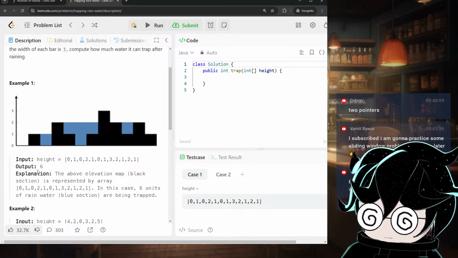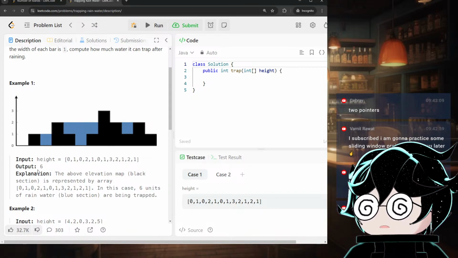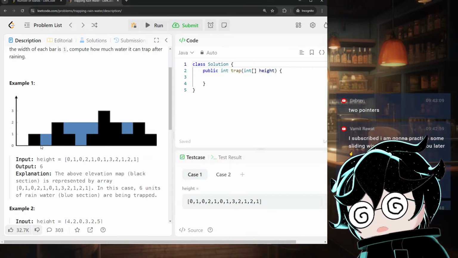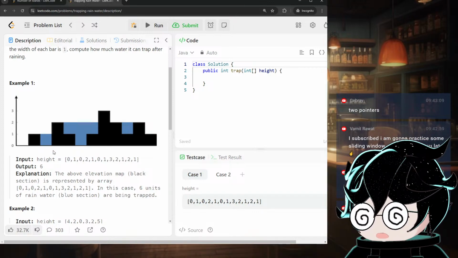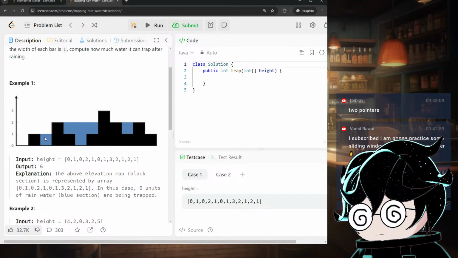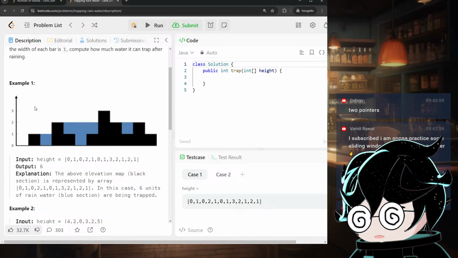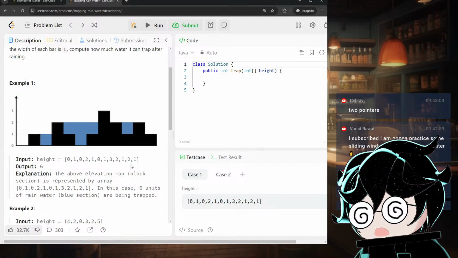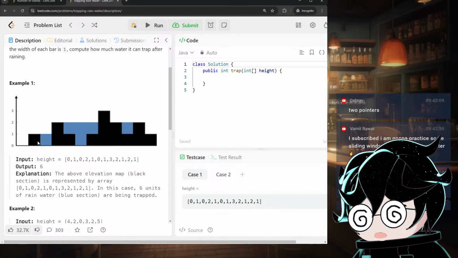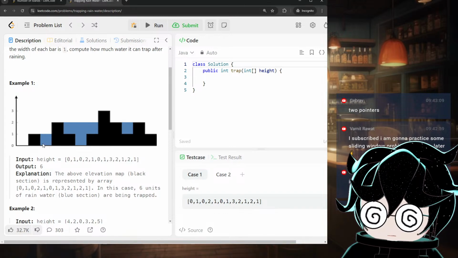2-pointers. Okay, but what I observe right now is that the amount of water we can trap at any given point is, I guess, you take the local maximum on both sides. In this case, this is 1, this is 3, and you take the minimum of those. So this is 1.